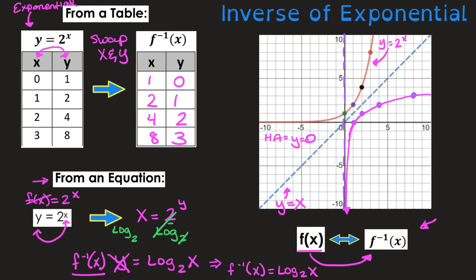If I were to actually take this graph and fold it on this dashed line here that I'm kind of highlighting and fold it in half on that line, the exponential and the logarithmic functions would actually line up and be on top of each other. So if it's something that's an inverse of each other, they reflect across the y equals x line.